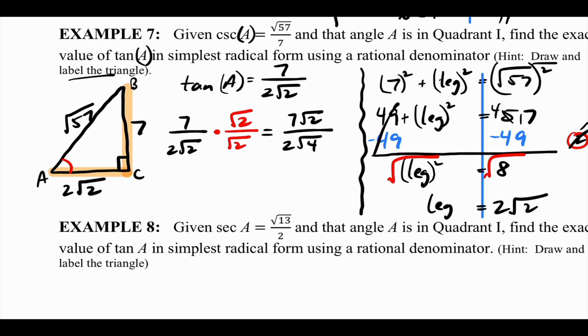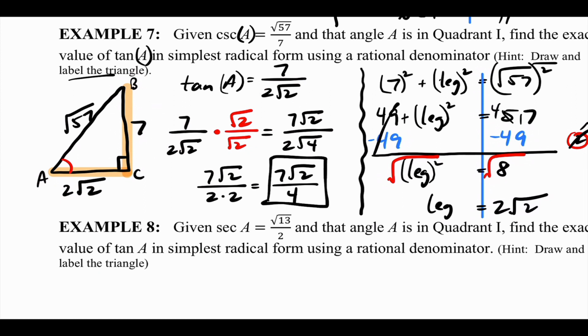So really on the bottom, it's 2 times 2. Then you're finally done. 4 is okay on the bottom. And 7 and 4 cannot be reduced, so we're done.